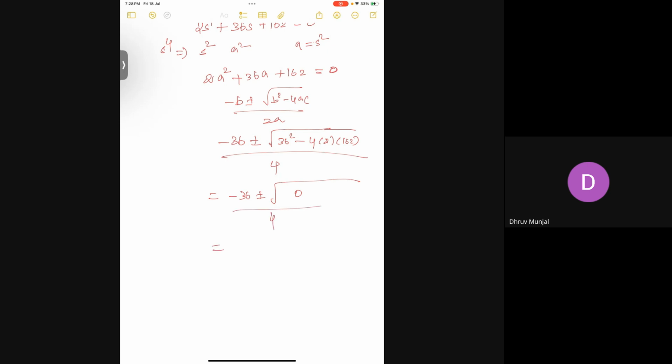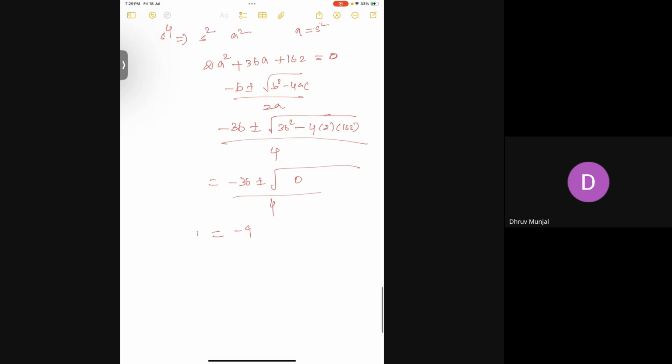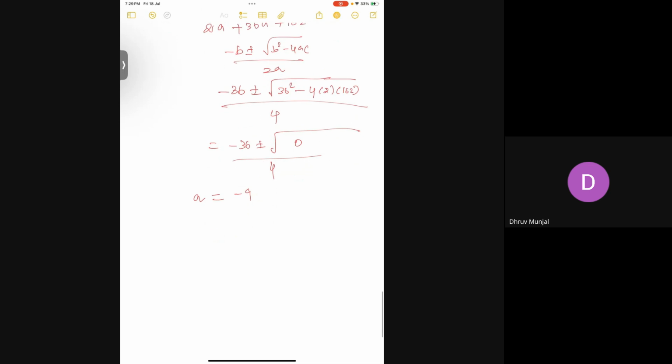Then this will become only this. It will give you minus 9, right? So you are solving for a, so your a is minus 9. Now you back substitute a equal to s square, whatever value you got.